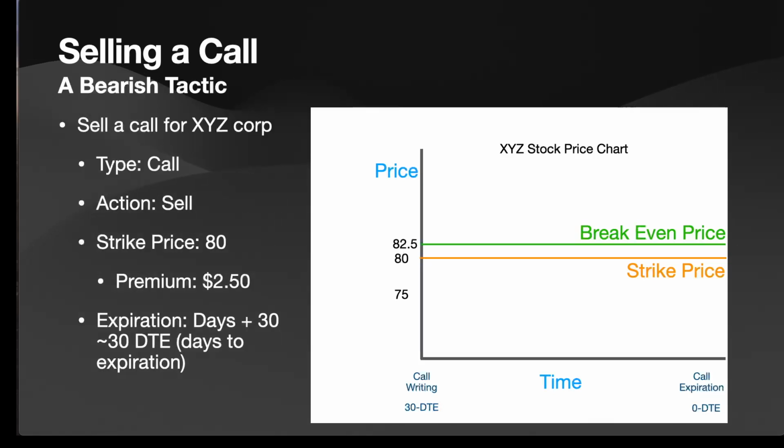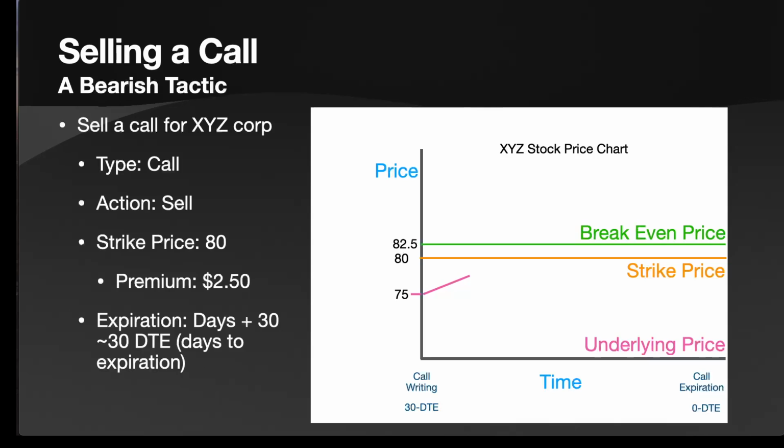So if we start out at 30 days DTE, or days to expiration, let's see if I can push this along here. Immediately what we see is, as the seller of that call, the price goes back up very early on. What that's going to do is increase the value of that call.